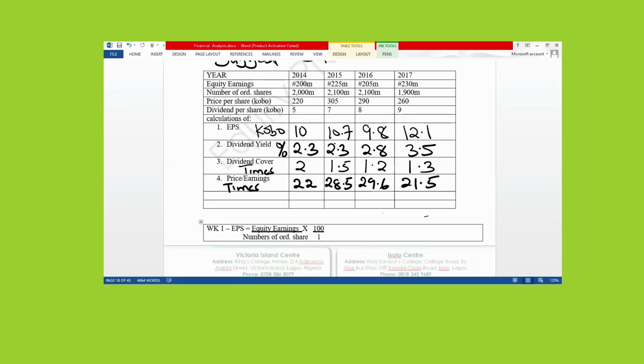It's because equity earnings increased by 12.5%, and ordinary shares increased by 5%. The increase in equity earnings minus the increase in number of ordinary shares gives you about 7.5%.